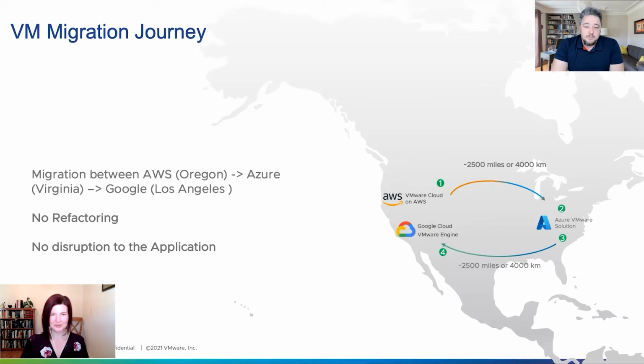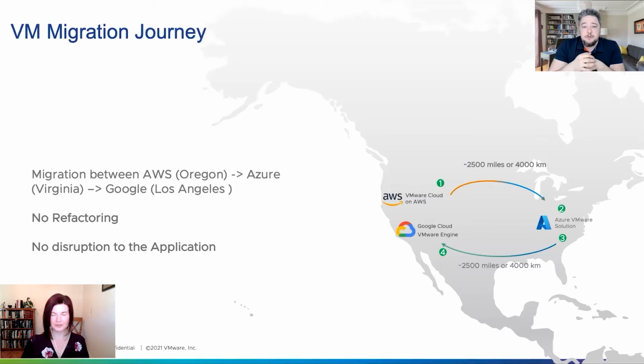Yeah, sure. So on this slide, you actually see exactly what's going on in the demo itself. We will start by moving a workload, in this case a 2-tier application. I will go into details on this later. We will move the workload from VMware Cloud on AWS, sitting on the west side of the US, to our Azure VMware Solution on the east side of the US.